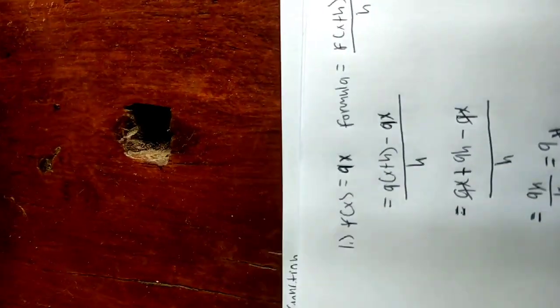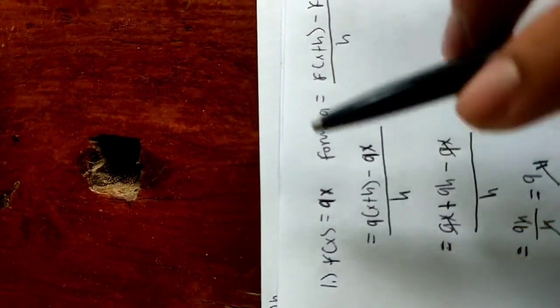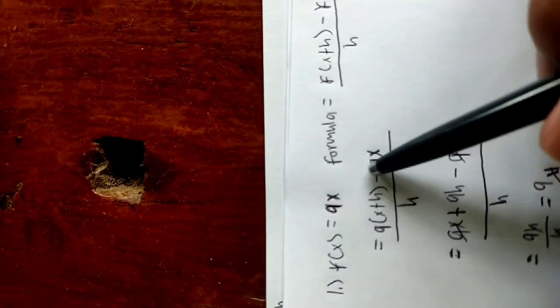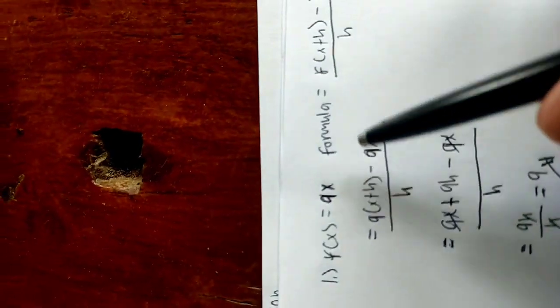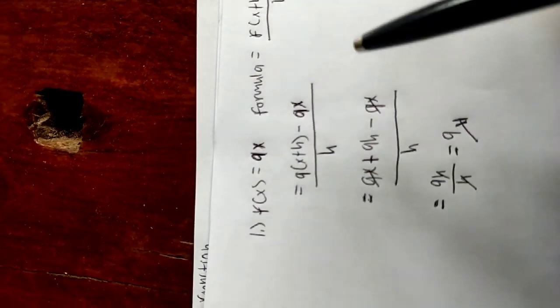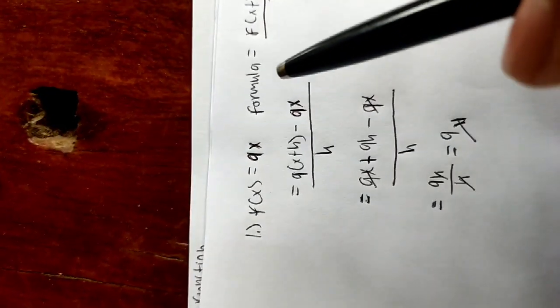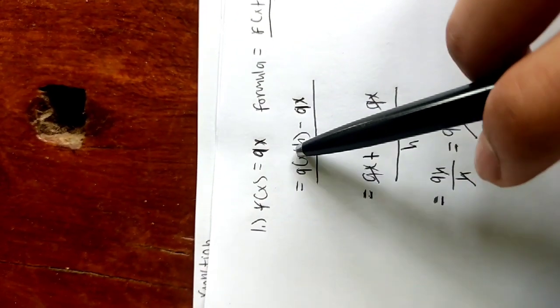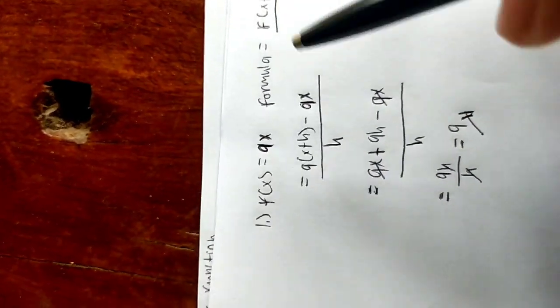So how are we going to solve this? Using the formula, we can just input here 9 times x plus h, minus f of x. f of x is 9x, all over h. Don't forget the h. What we're going to do is distribute the 9 to the x and h because it's in parentheses.